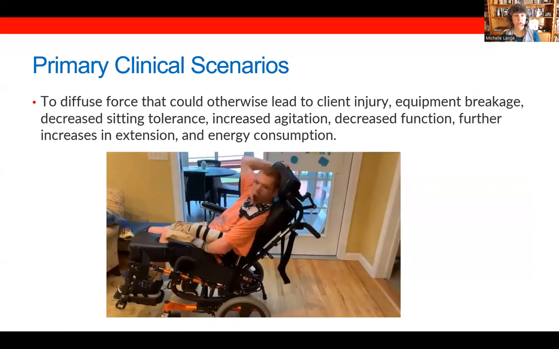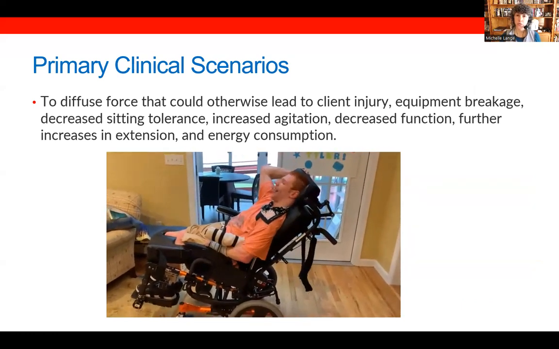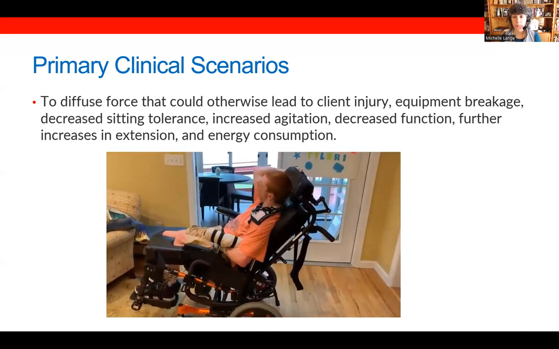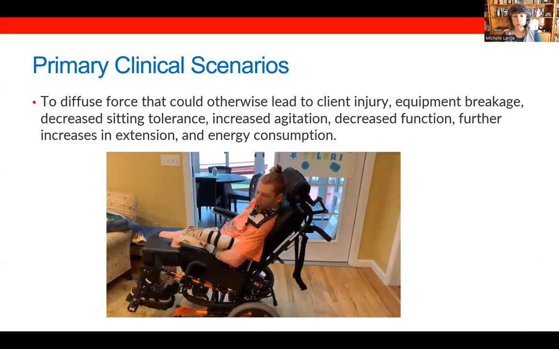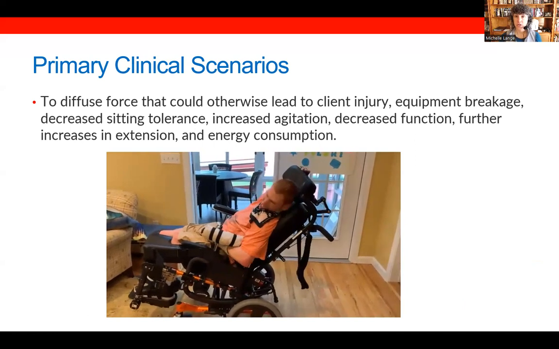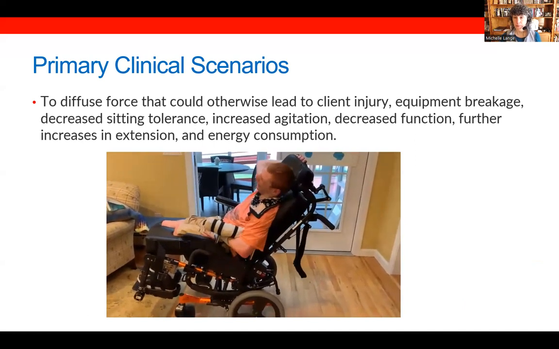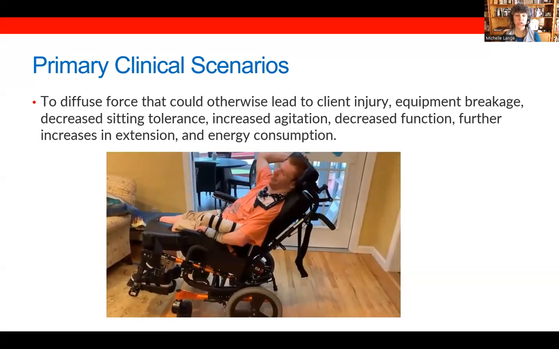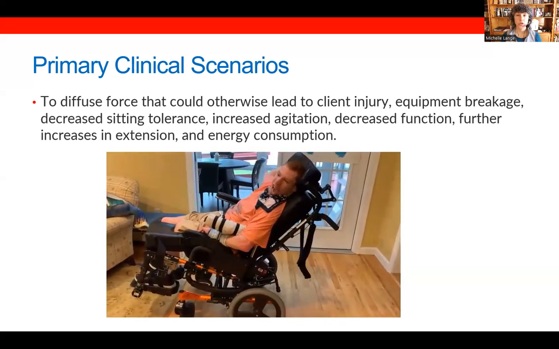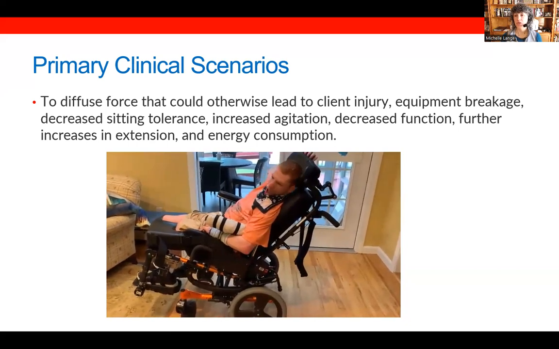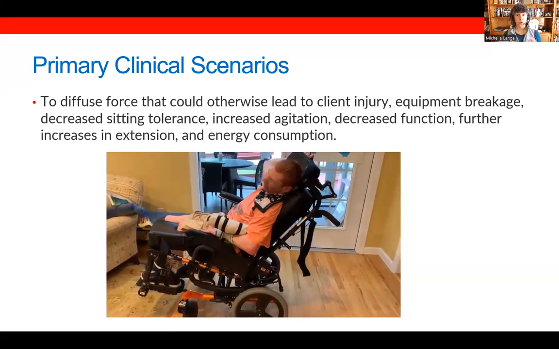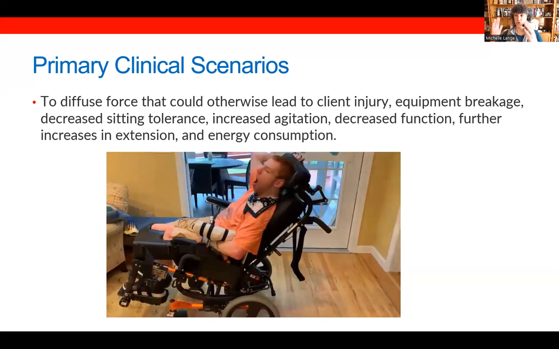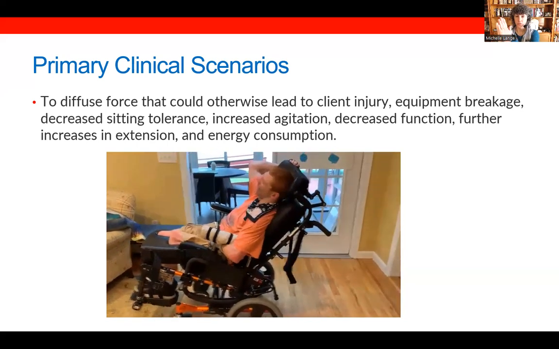So let's talk about some of the primary clinical scenarios when we use dynamic seating. We're diffusing client forces that could otherwise lead to injury to the client, breakage or malalignment of the equipment, decreased sitting tolerance, increased agitation, decreased function, further increases in extension as this person's tone collides with a non-yielding surface, and energy consumption.